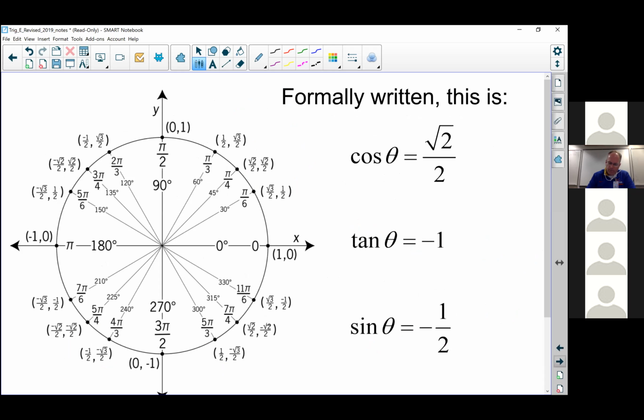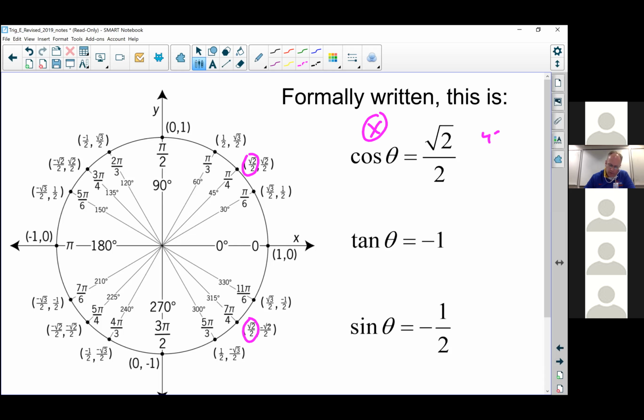All right. So formally written, cosine is the x value. So you're going to look for which x value has the positive √2 over 2. So I have two answers to this.